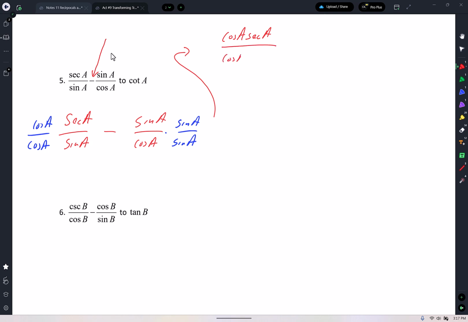Over cosine A sine A minus sine squared A over cosine A sine A. Since the denominators are both the same, I can rewrite this as cosine A secant A minus sine squared A over cosine A sine A. You can always turn that into a 1 whenever you'd like.